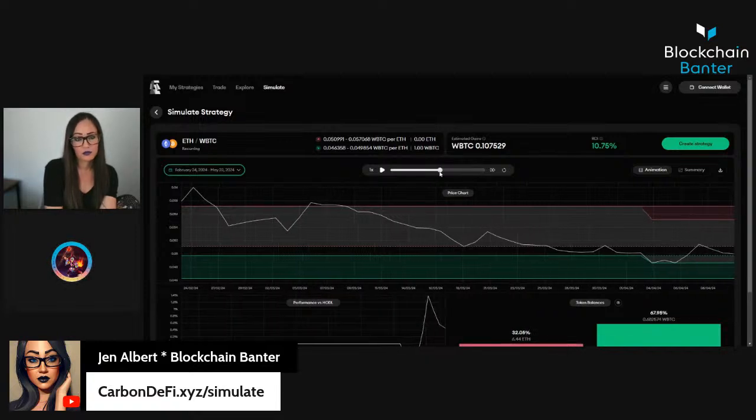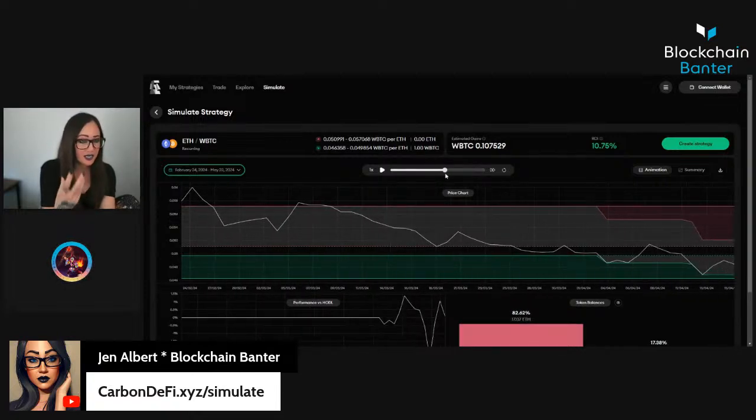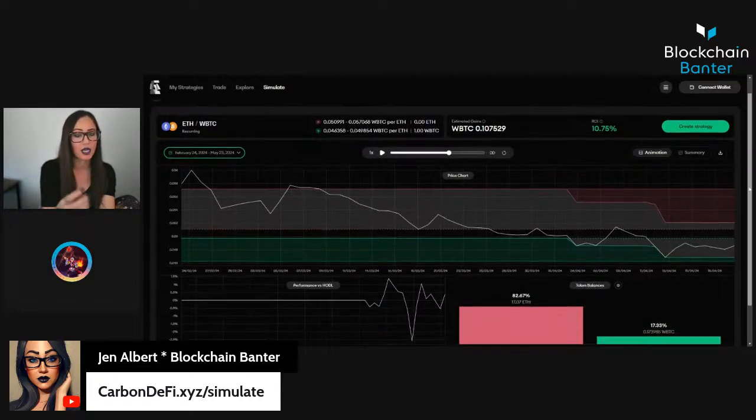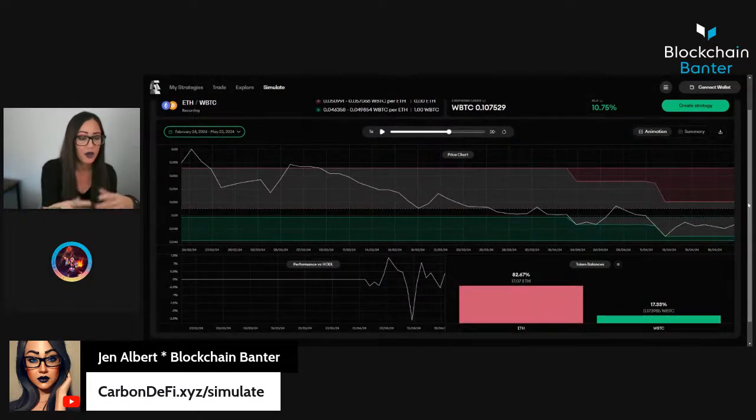This is nice because this isn't necessarily something that everyone is going to be able to understand, what this is actually showing you. But I think the simulator does a nice job for those who want to see what is actually happening with my liquidity, what's happening with my funds, where are my tokens rotating, when is this actually executing?